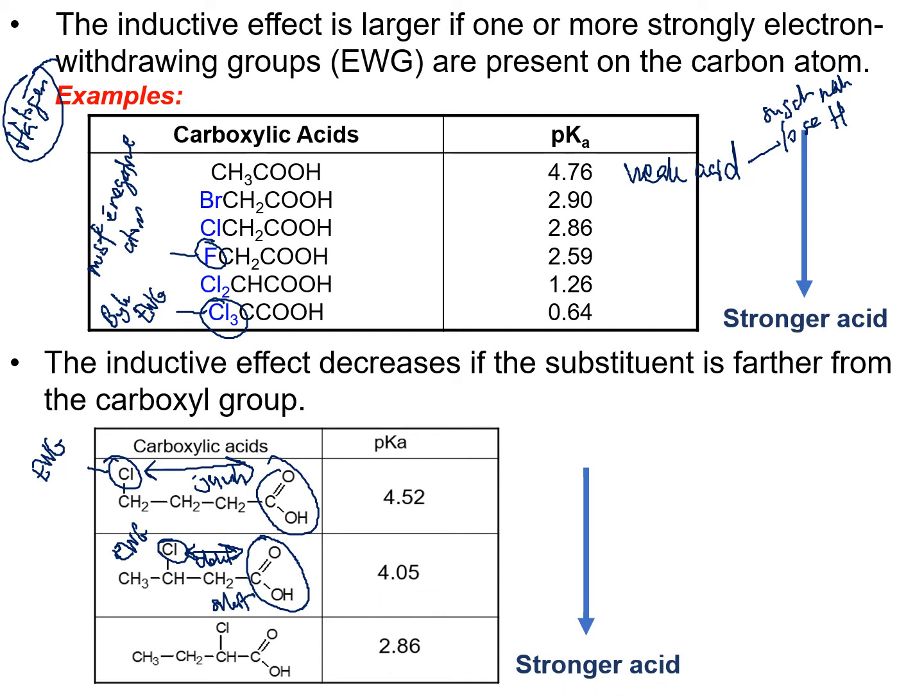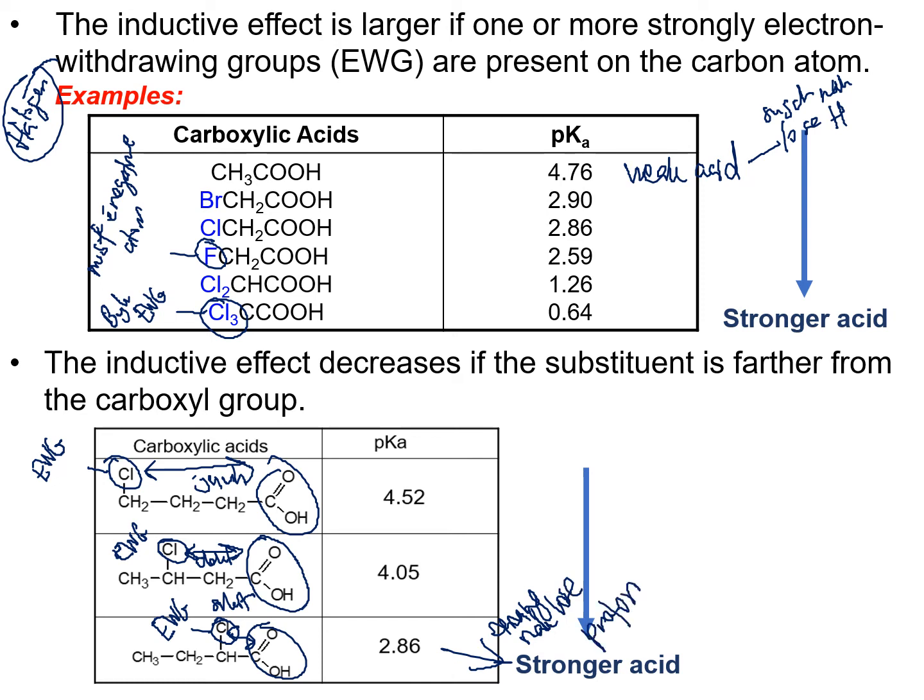Kalau dekat sikit, dia punya acidity pun akan jadi lagi tinggi sikit. Okay, what if I dekatkan lagi kedudukan electron withdrawing group dengan si double bond OH ni, lagilah dia jadi stronger acid. Sebab kenapa? Sebab dia punya distance makin dekat, so senang nak weakenkan the bond between O dan H, senang nak lose proton.